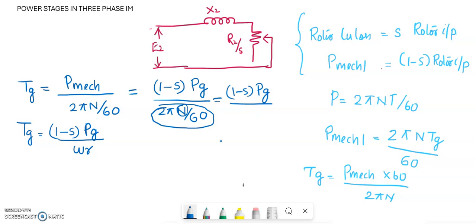We can do some more simplification for this equation. We know slip S is equal to Ns minus N divided by Ns. That's the equation for slip.